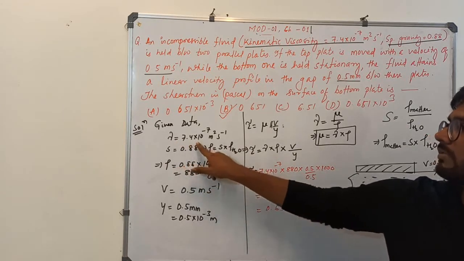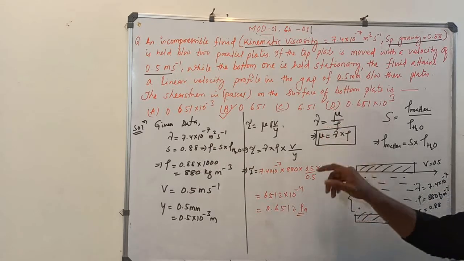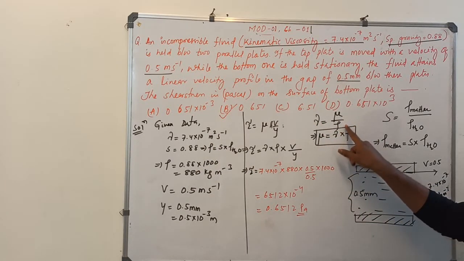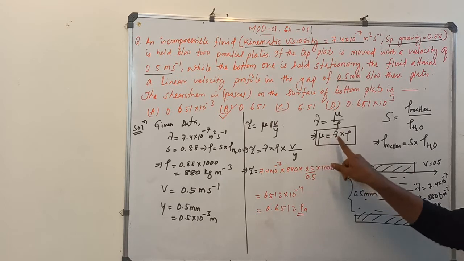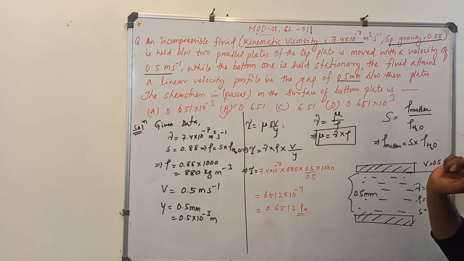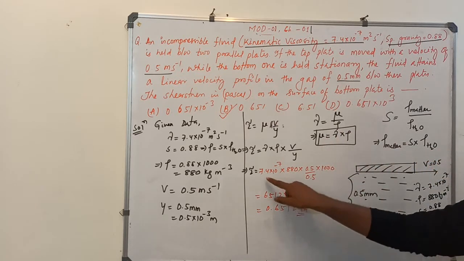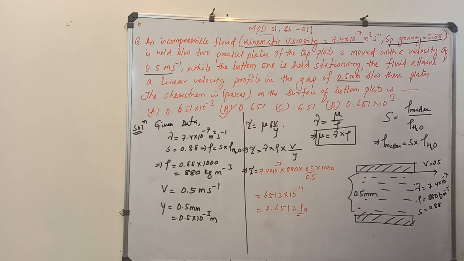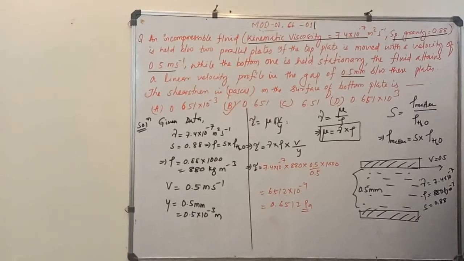Kinematic viscosity is dynamic viscosity by density, hence dynamic viscosity is kinematic viscosity into rho, where rho is the density. We put this in the formula and got the answer 0.6512 Pascal. Got it? We'll go to the next problem now.